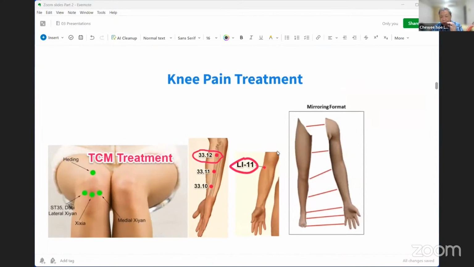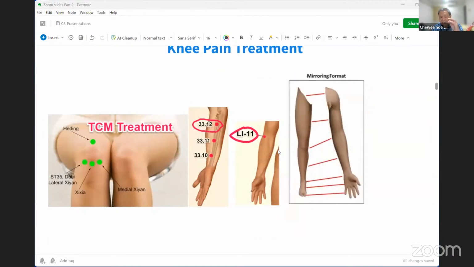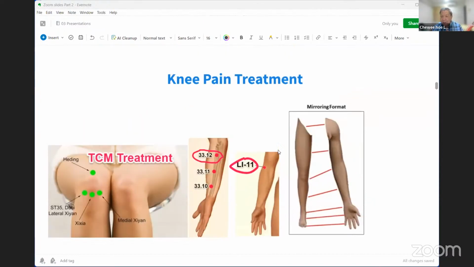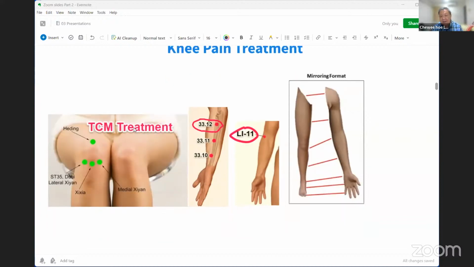So Tung Acupuncture, the second principle of Tung is imaging. A popular image is the elbow is the knee. So TCM will needle, as you can see in the picture, the knee, although he will needle other points too.